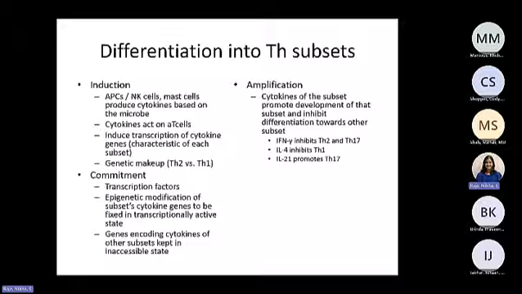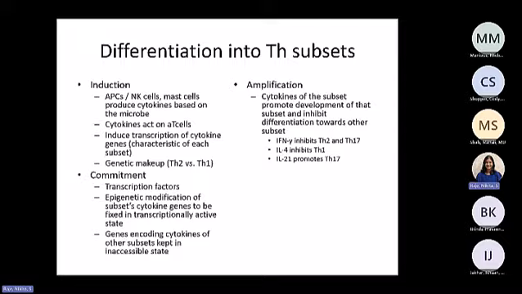The steps of that process include induction, then commitment, and then amplification. So 3 steps. Induction means that there is certain stimulation that these cells receive that will lead the cells to become a particular type of subset.